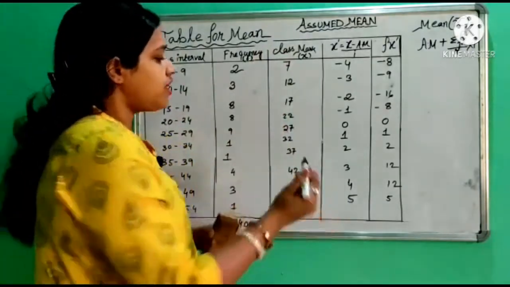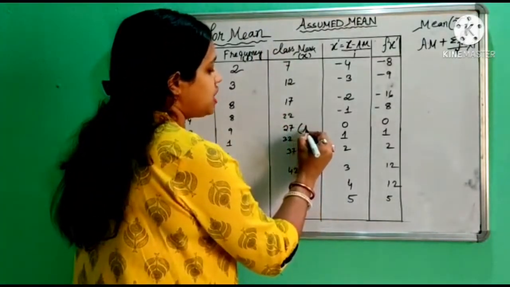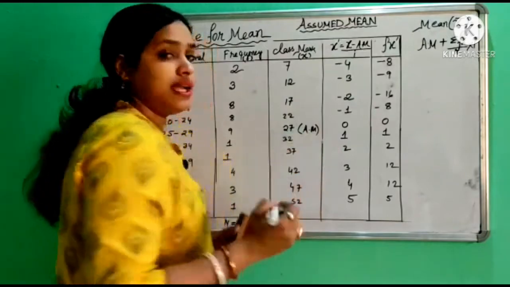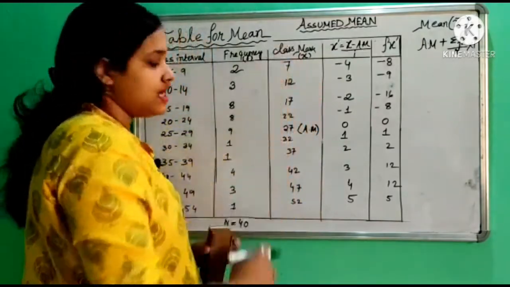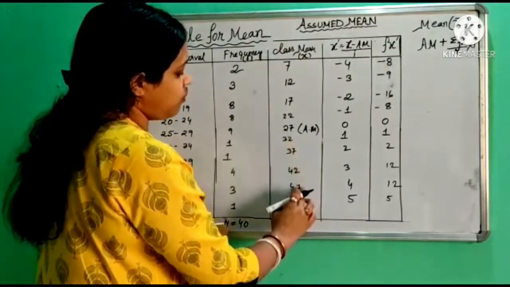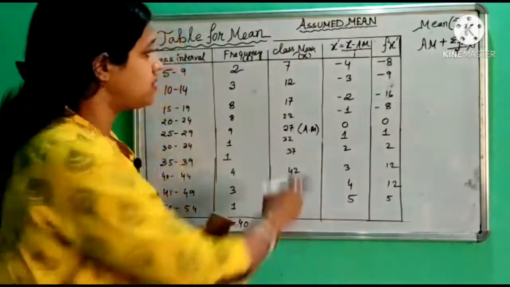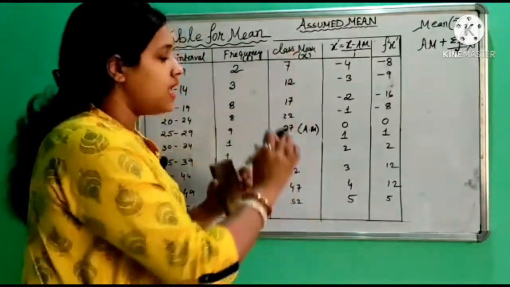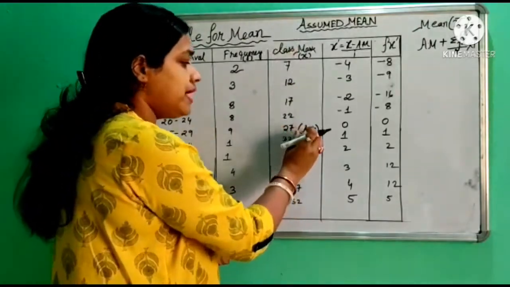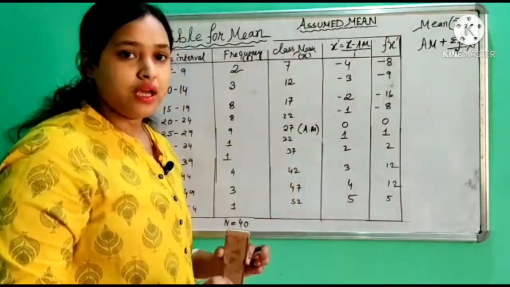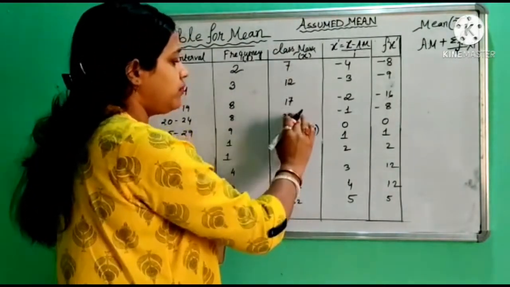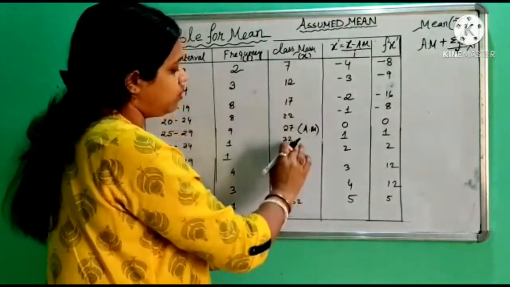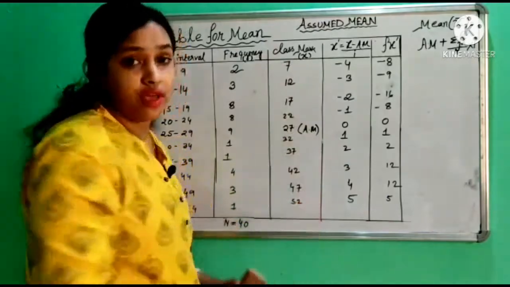For example, if I take this one as the assumed mean, then I find 1, 2, 3, 4 on the upper side and 1, 2, 3, 4, 5 on the lower side, because our distribution is not equal, so we take the middle number as the assumed mean.